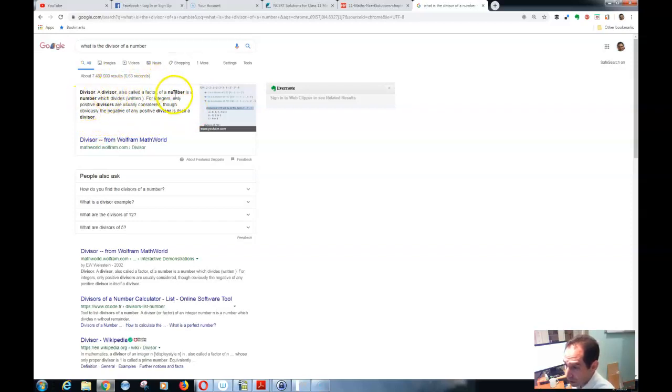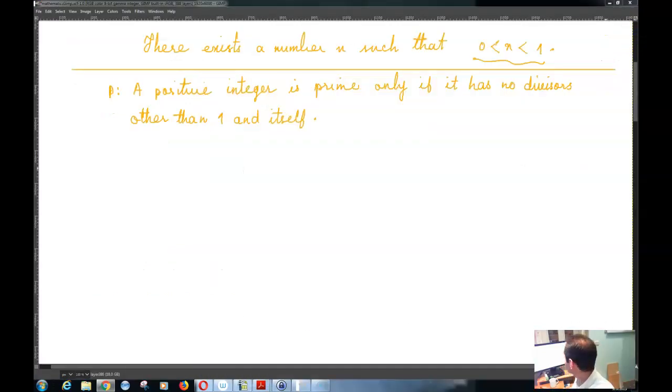So a divisor is the same thing as the factor. So it says that the positive integer is prime only if it has no divisors other than 1 and itself. And that's basically the definition of a prime number.